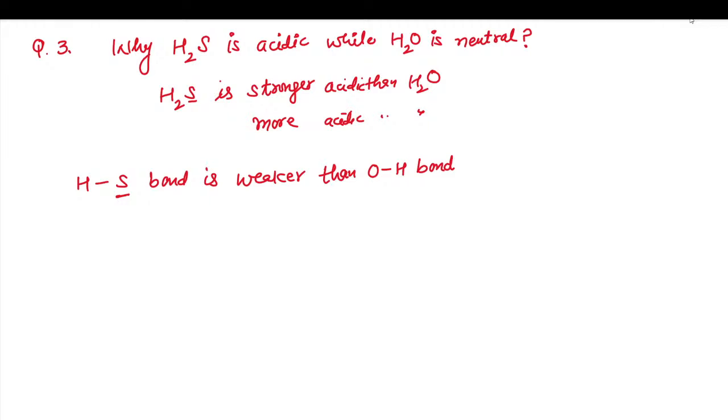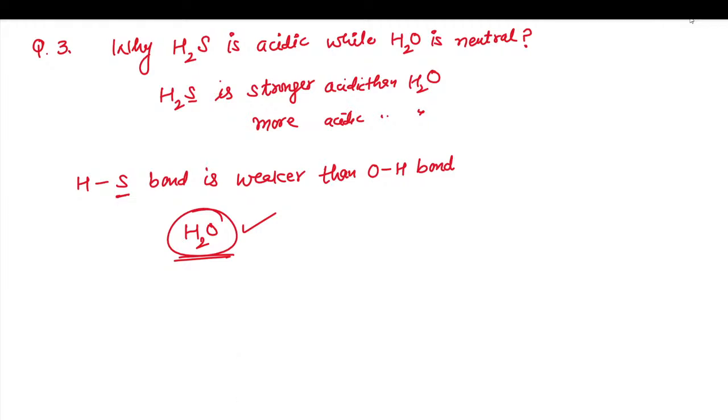So H2S can dissociate to give H plus ion more easily than H2O, obviously. The dissociation constant of H2O is so small that for all practical purposes H2O is considered to be neutral. Okay, this is the reason. Yes, size is the reason.